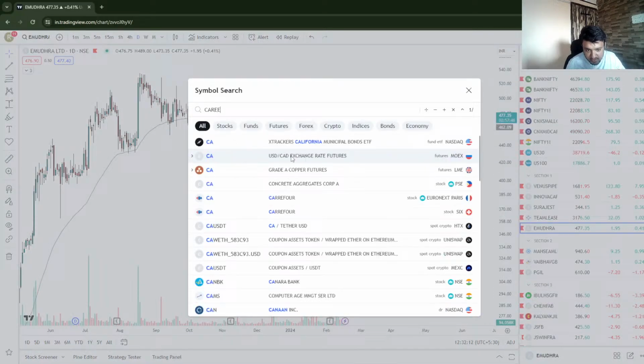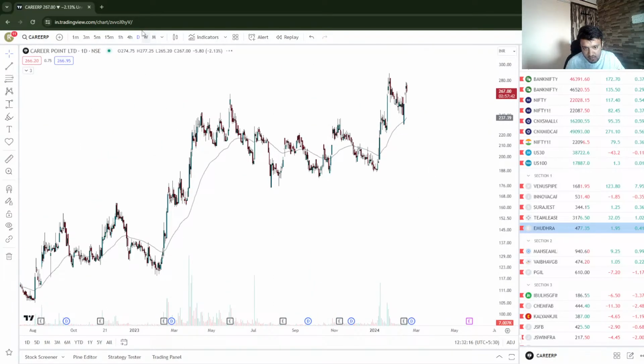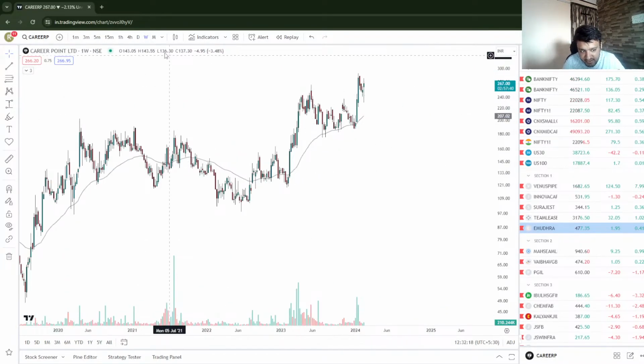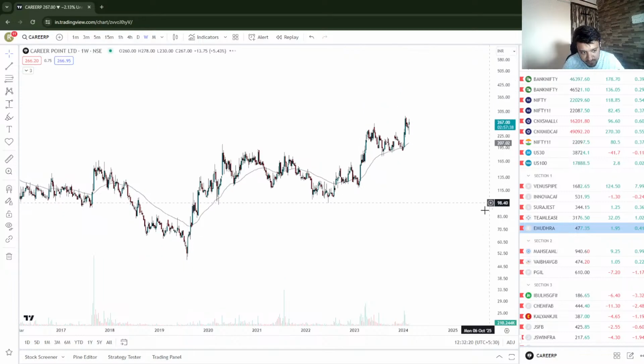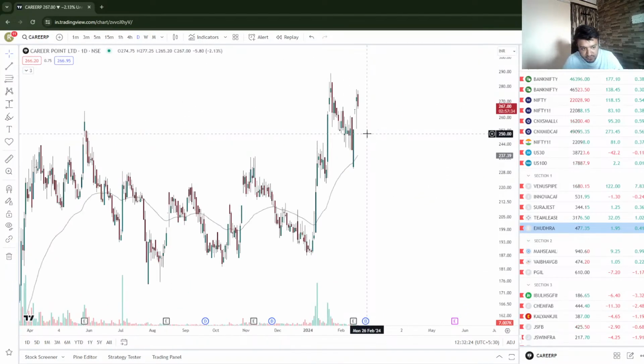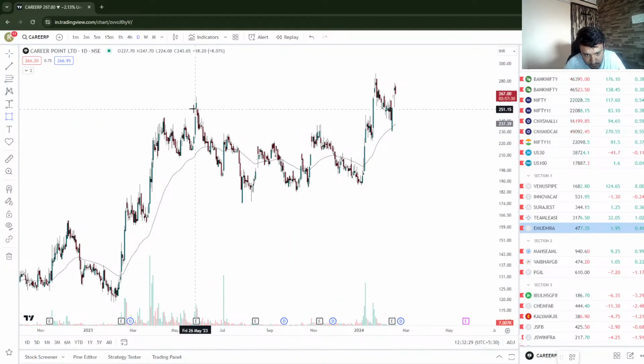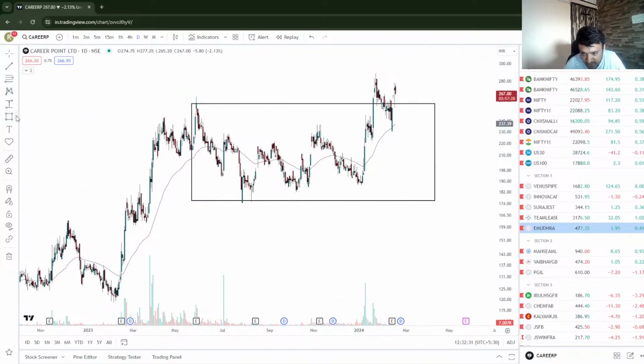Career Point weekly. Okay, let's check it out. First of all, on the daily, it's already gone. On the weekly, it is also gone. If you see, this was the breakout demand. Out of this entire structure, this was the demand of the breakout.